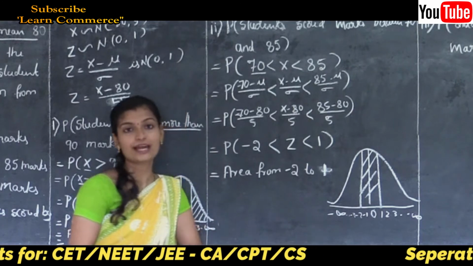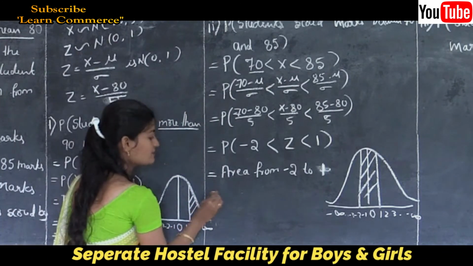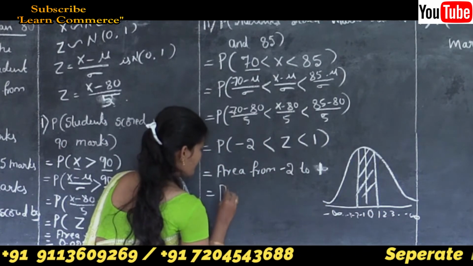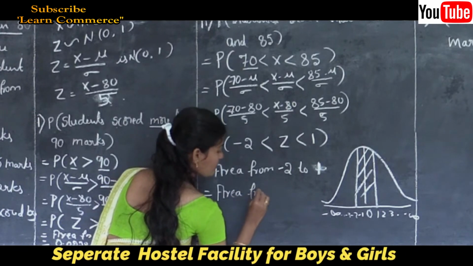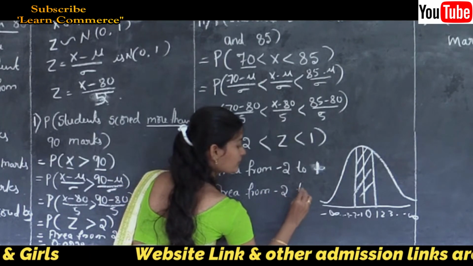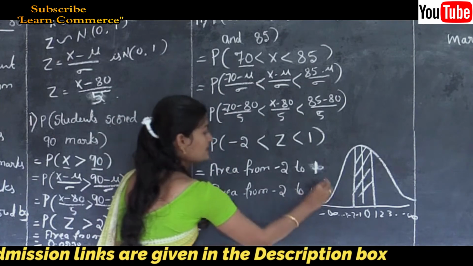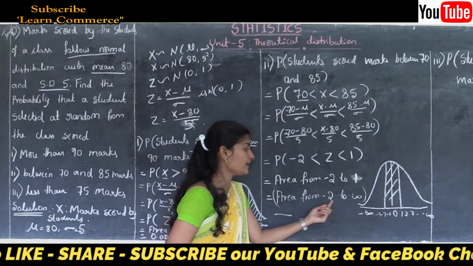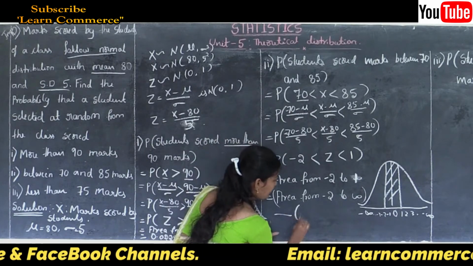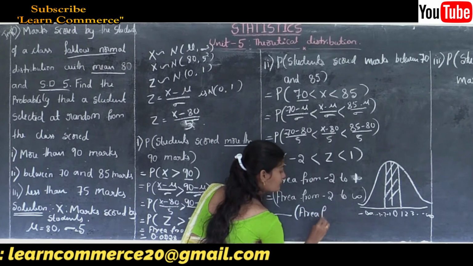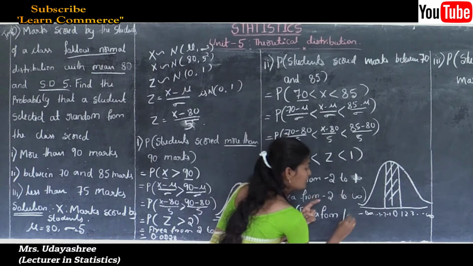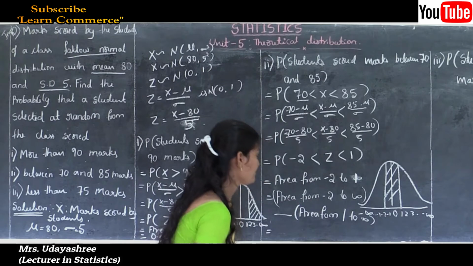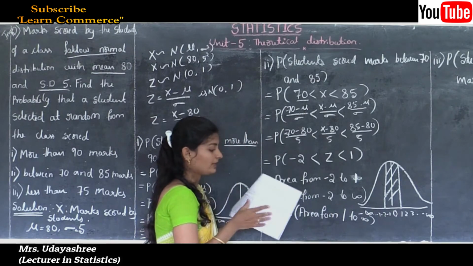In this case, how to calculate the table value? First we have to calculate area from minus 2 to infinity. After that, subtract area from 1 to infinity. Here minus 2 is a negative value, so I will go for the negative side.